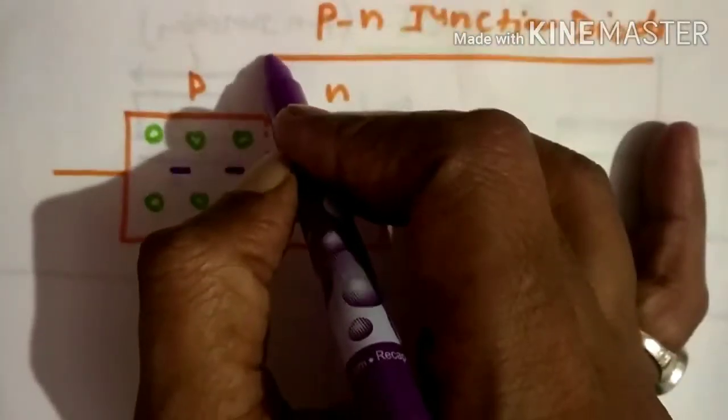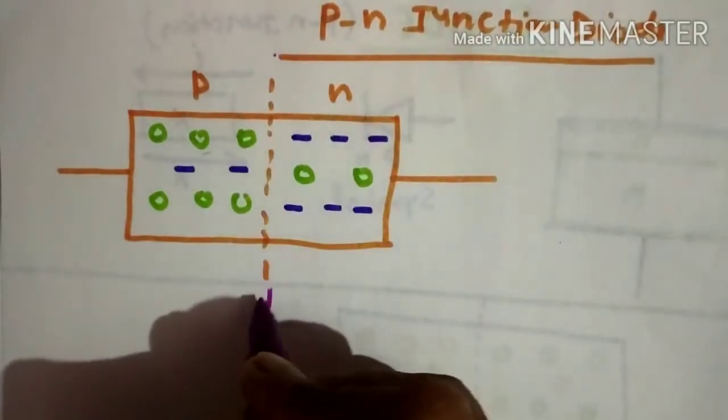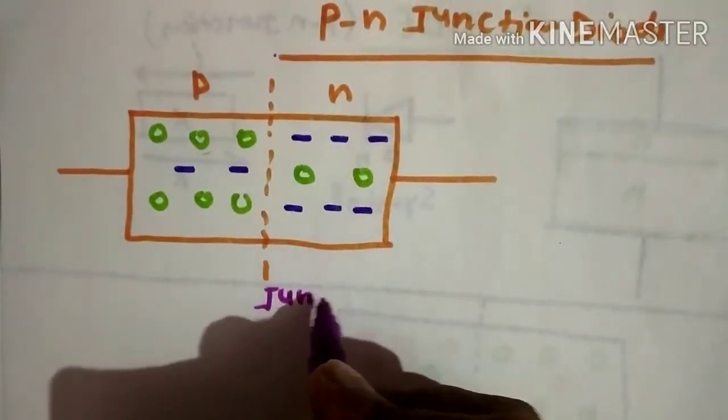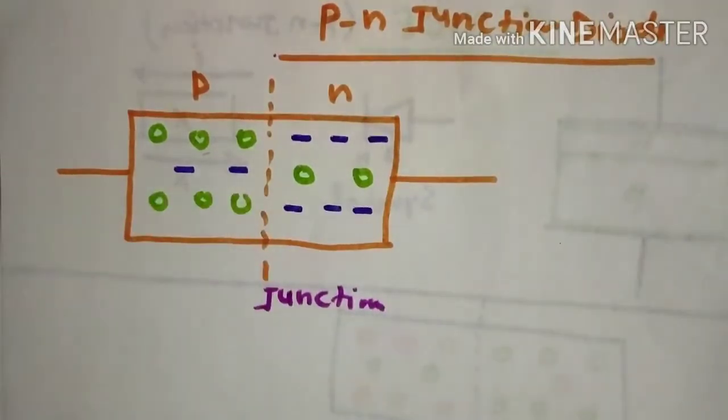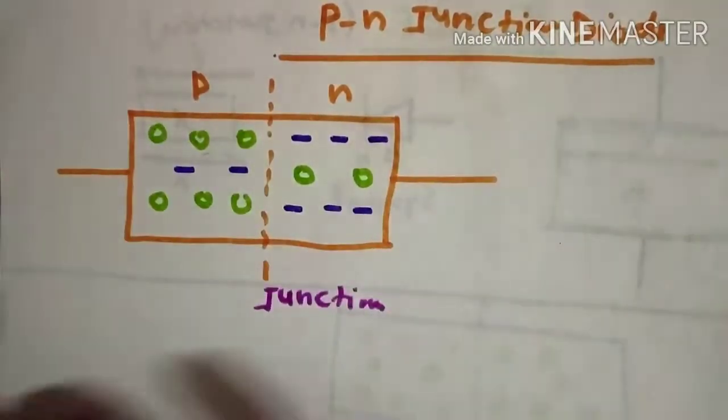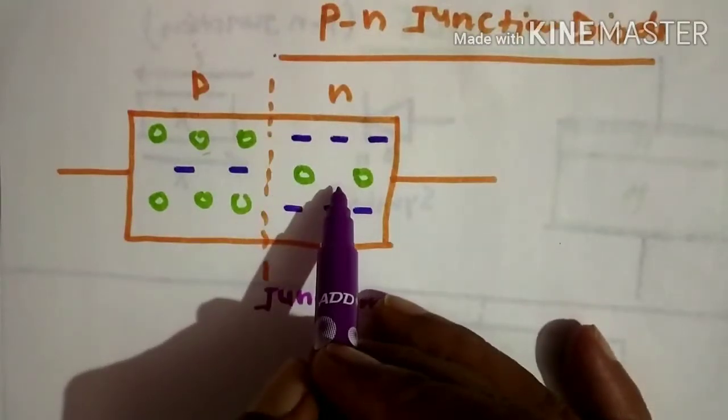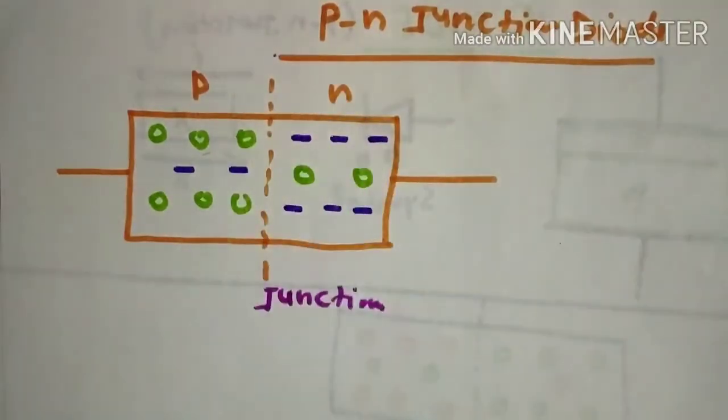There establishes a junction. So this dotted line is representing the junction of the diode. On one side of the junction, this is the P-type semiconductor, and on the other side of the junction, this is the N-type semiconductor.